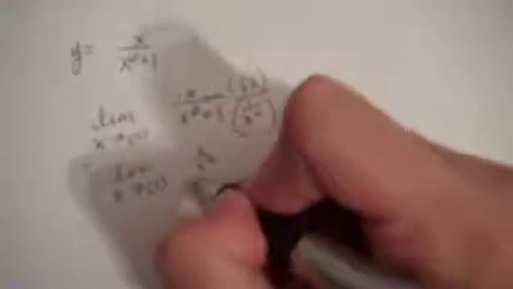So I take everything times 1 over x squared, and what I get is x over x squared, and then x squared divided by x squared plus 1 divided by x squared. When I simplify, I get the limit as x approaches infinity of 1 over x, over 1 plus 1 over x squared.